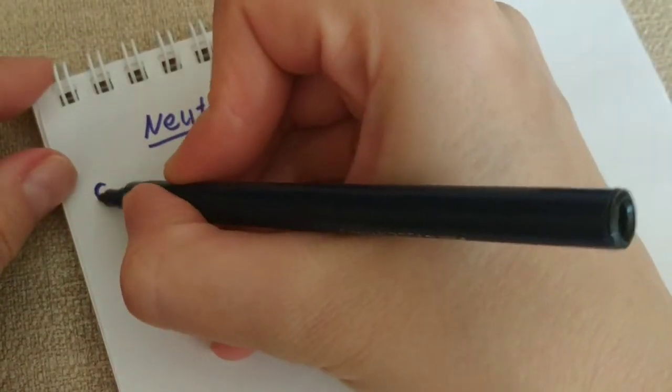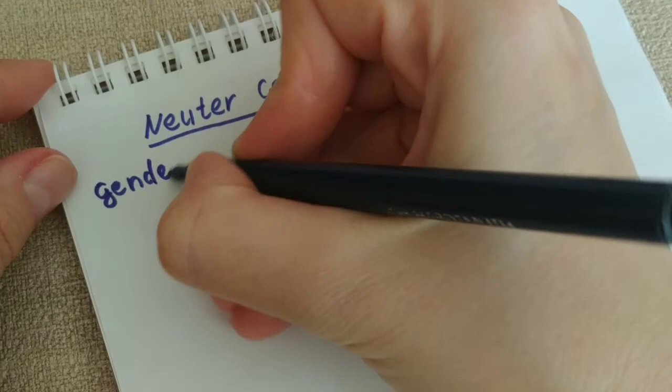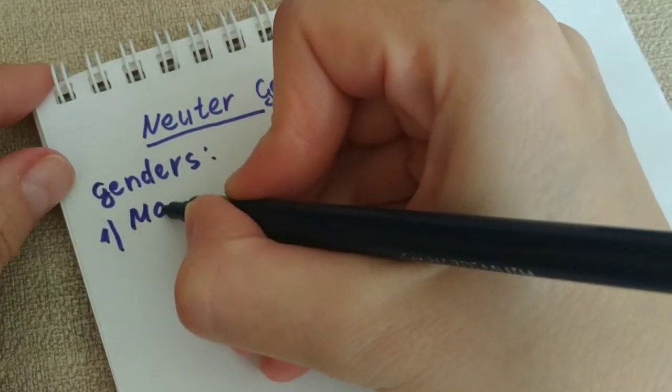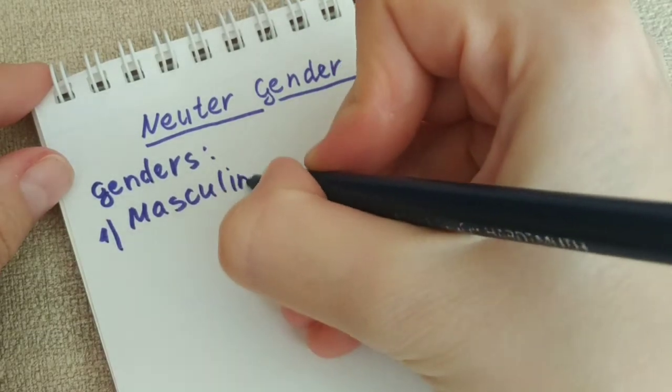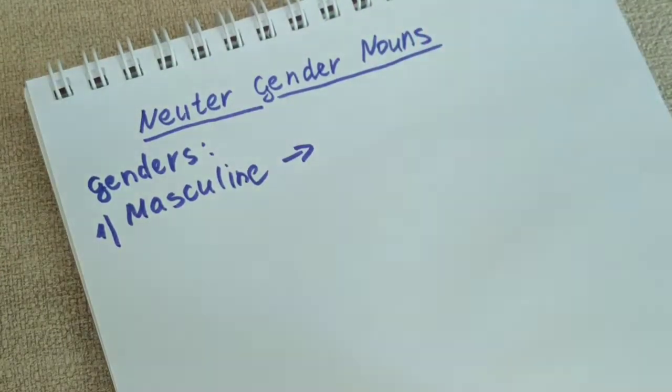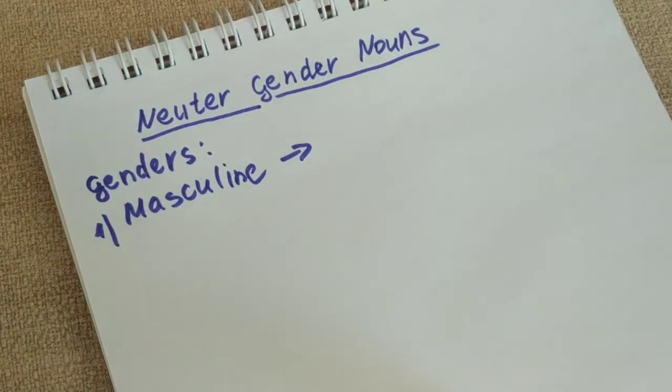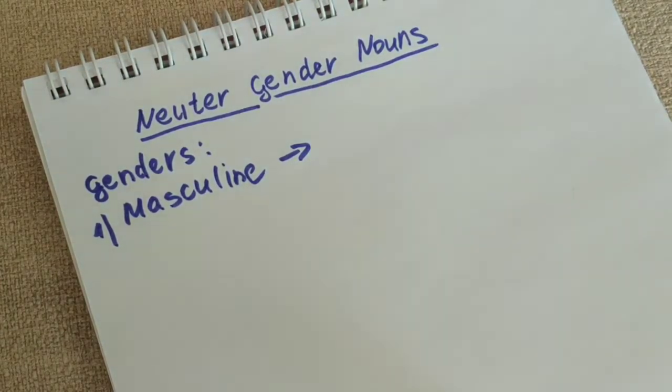So let's see, we have genders. The first one is masculine. Let us remember all together how we distinguish a noun of a masculine gender.